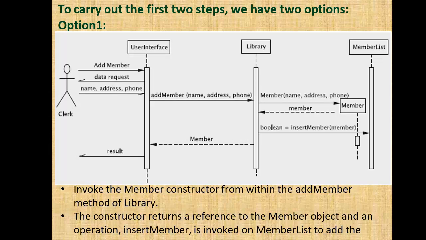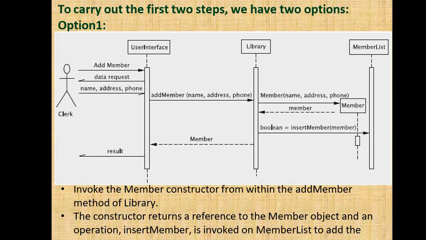From the clerk, it will initiate add member, then the add member method will have the parameters name, address and phone number. It will create the member object, and then it will send the member request to the library.